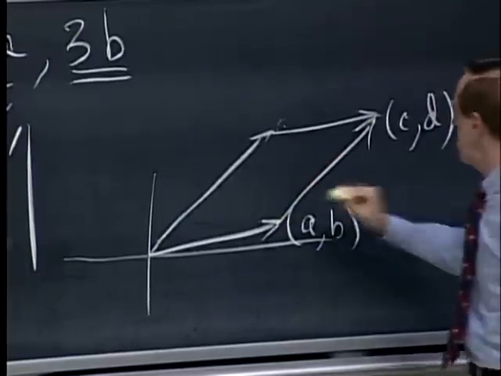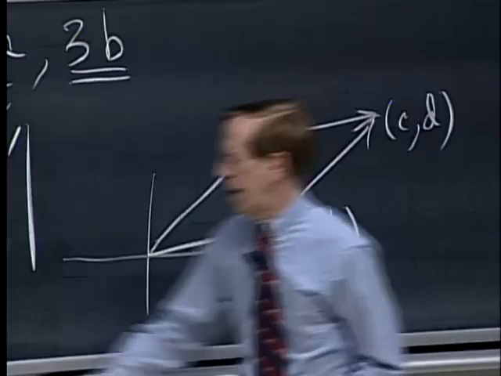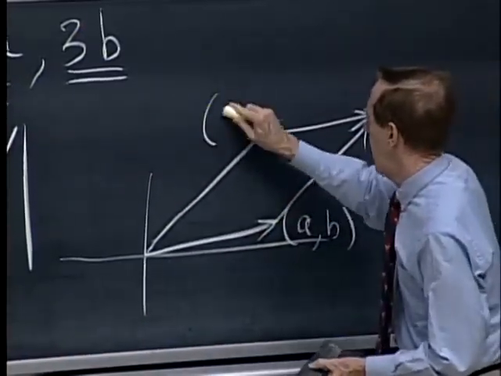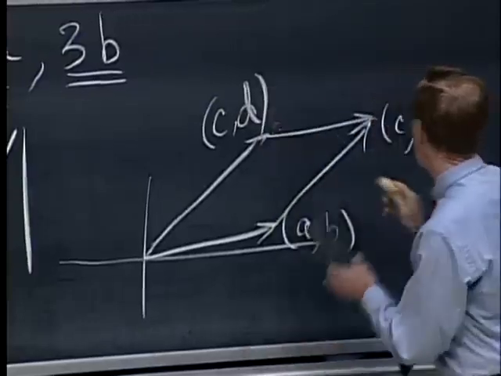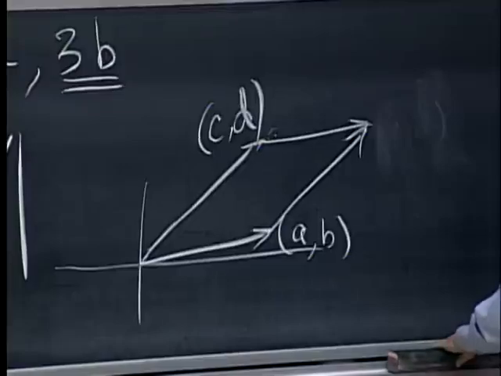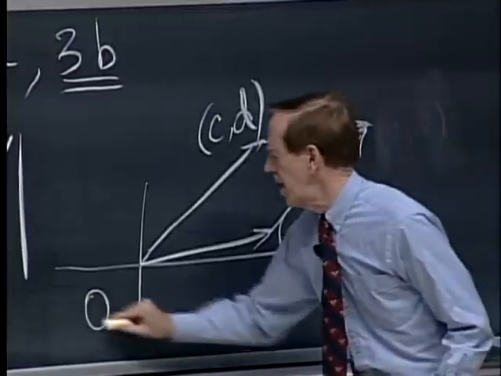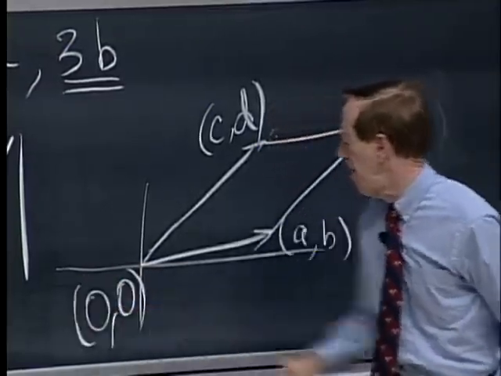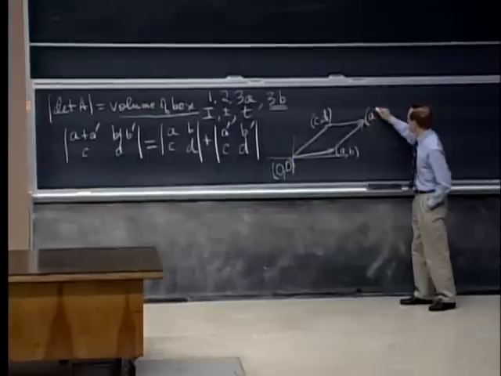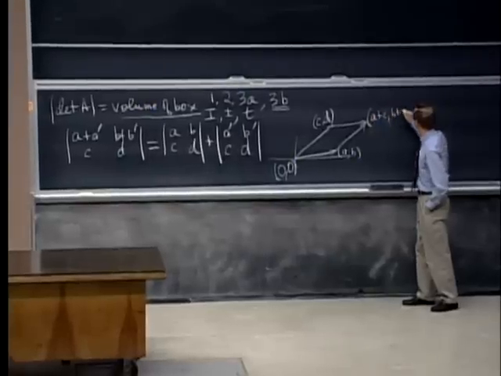So this is C. It's really this one that has coordinates CD, and this has coordinates, whatever the sum is. And of course, starting at 0, 0. So we all know this is A plus C, B plus D.